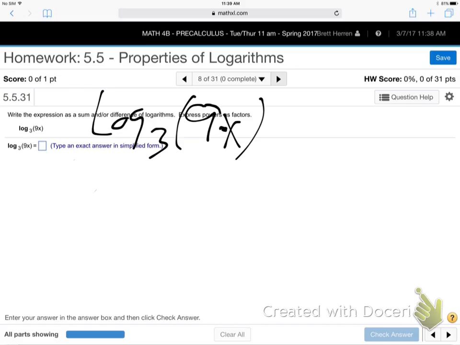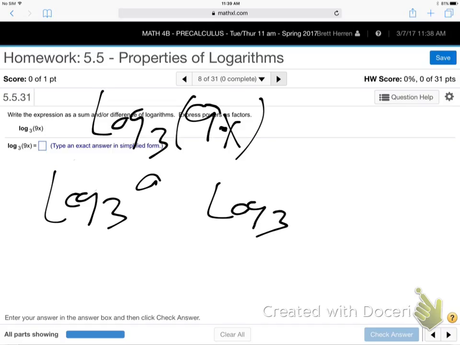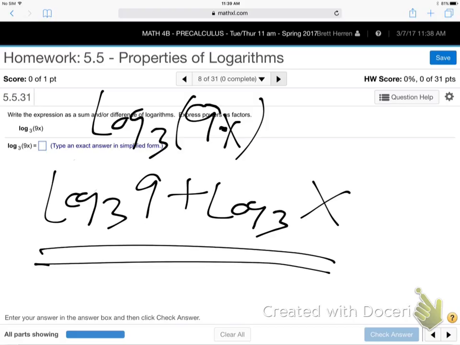So 1 log multiplied, harder job for 1 log. I'm going to turn it into 2 log base 3s. What's going to be in the middle of the 9 and the x? Plus. Harder job for 1 log, multiplying, becomes easier adding for 2. And the base doesn't change. All those first 3 rules, the base doesn't change. Good? That's all they want from you on that one.